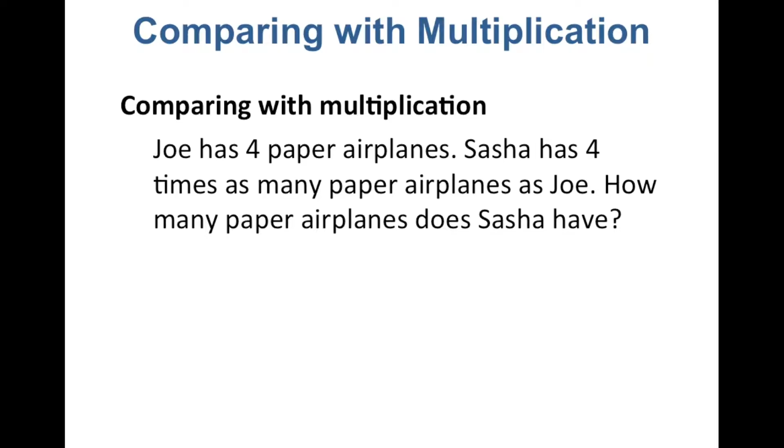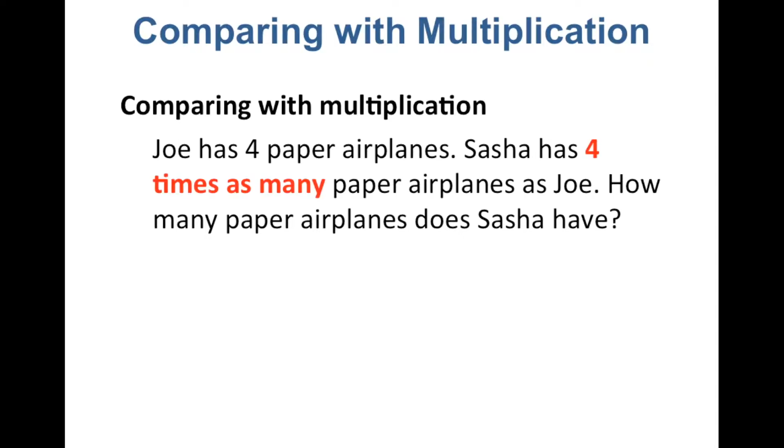So to find our solution to this problem, we would need to multiply. And we have a big clue right here in the problem. It's saying that Sasha has 4 times as many paper airplanes as Joe. And that phrase is a key hint that tells us we're going to be multiplying. You can see the word times there. That's a good clue.